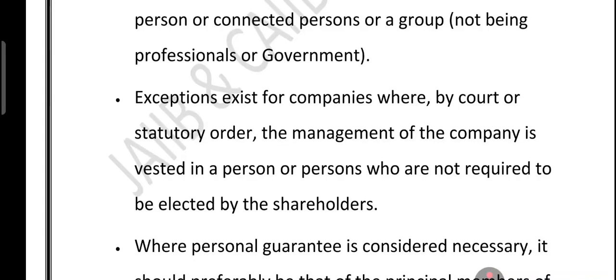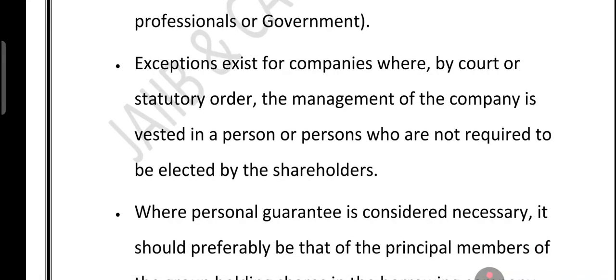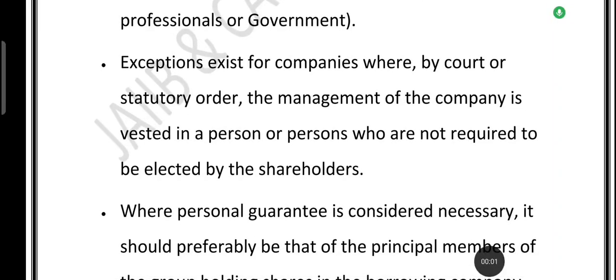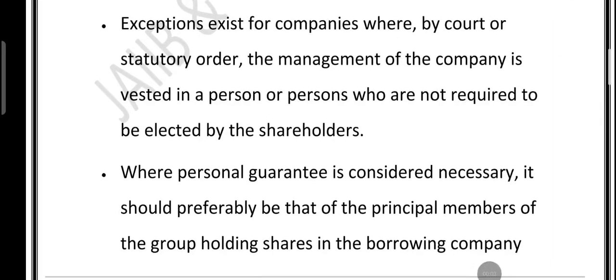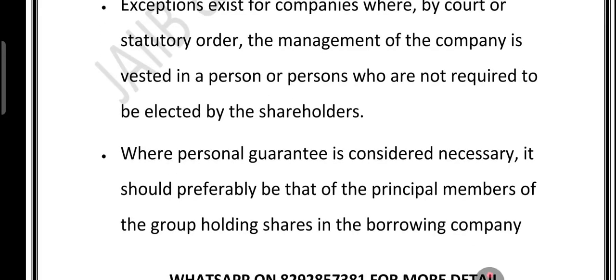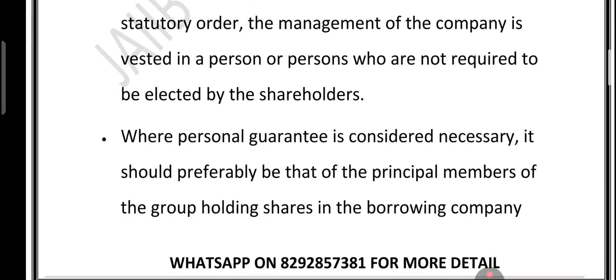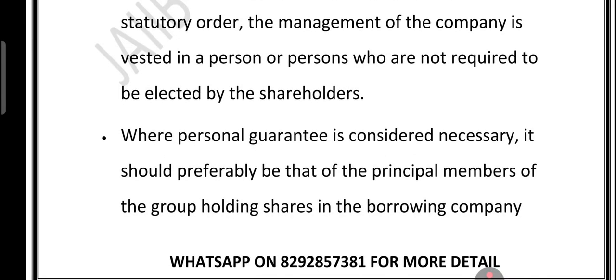Now let's explore some unique situations and some smart exceptions that every CIB aspirant must understand. There is something called special company cases, where the rule bends a bit. Let's say the court or the law puts someone in charge of a company and that person was not elected by the shareholders. In such a case, the usual rule of taking a director or promoter guarantee might not apply.